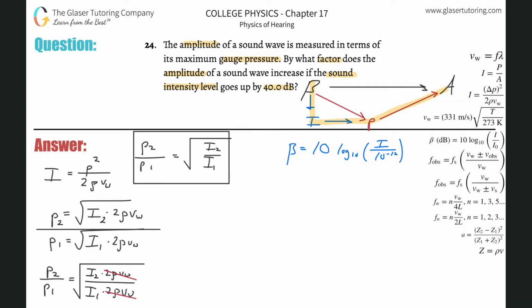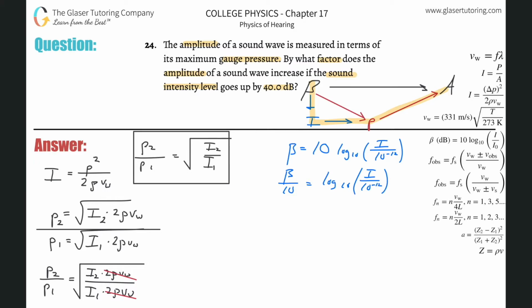All right. Now, what I want to do is solve this thing for intensity. The reason being is because then I can plug that result into my formulas here, right? And then maybe I can start to figure this thing out. So now, why don't we divide both sides by 10, right, to cancel the 10. So this would simply be beta over 10 equal to log base 10 of I over 10 to the minus 12th.